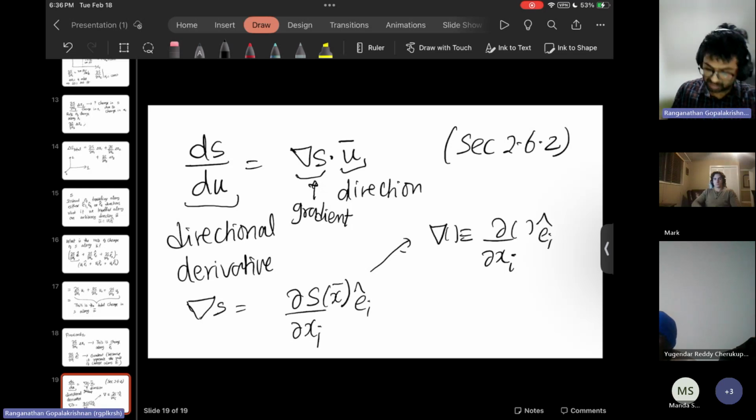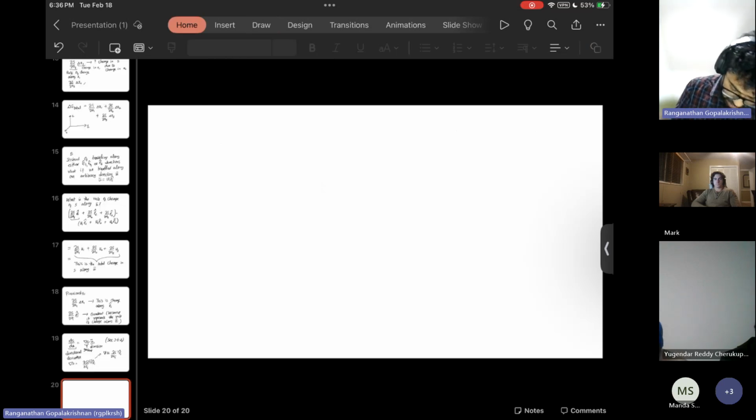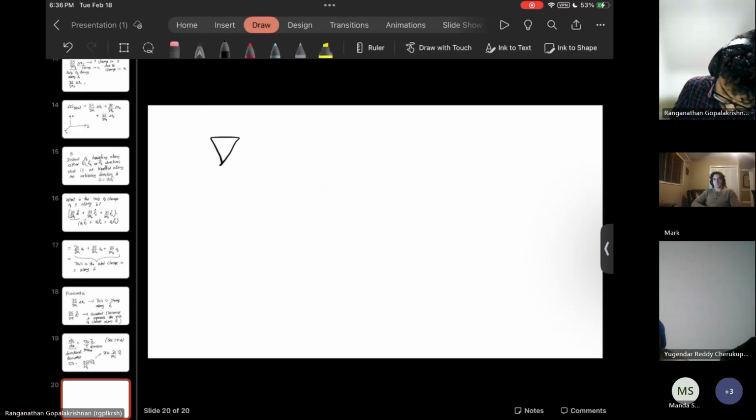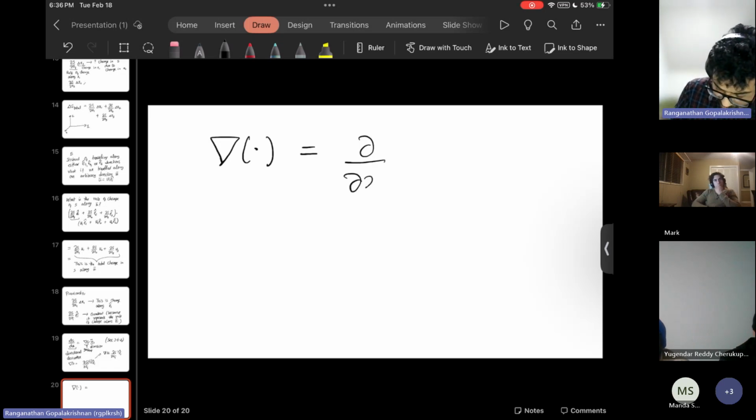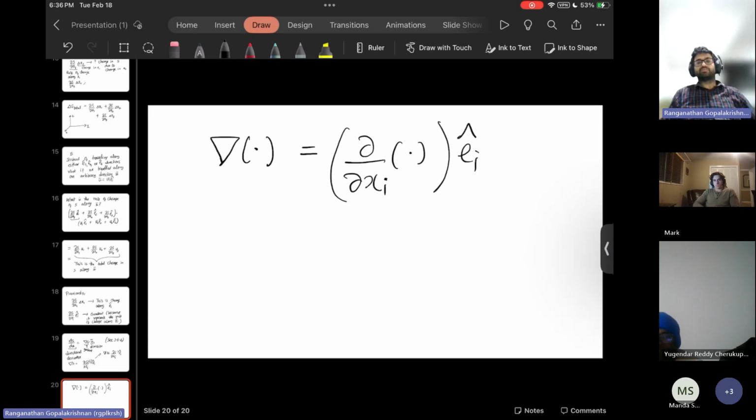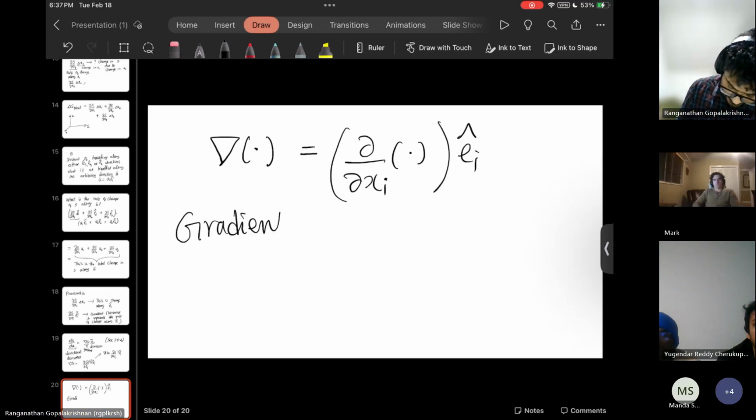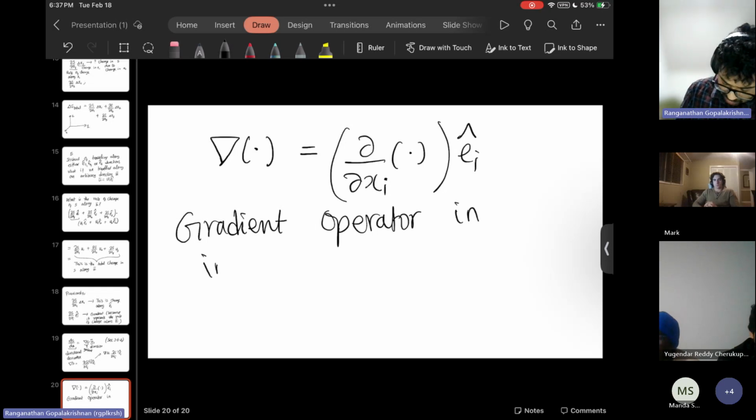So the gradient operator of something is partial over partial xi of that something, multiplied by just scalar, multiplied by ei. This is the gradient operator in index notation.